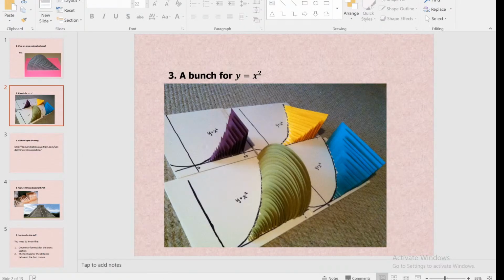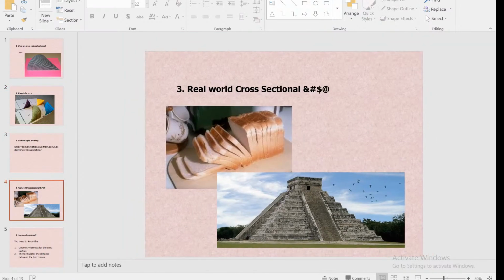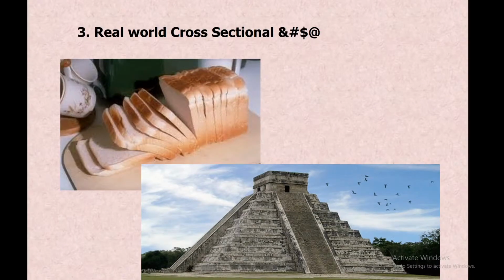I'm going to go back to my PowerPoint real quick. If you're curious about cross-sections' uses at all, turns out there are a lot of real-life examples of cross-sections. Bread, a lot of machine parts like screws and nails are very much cross-sectional.